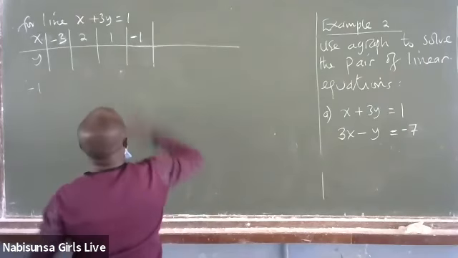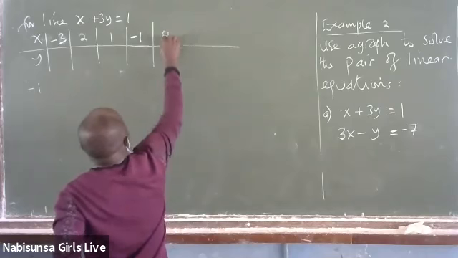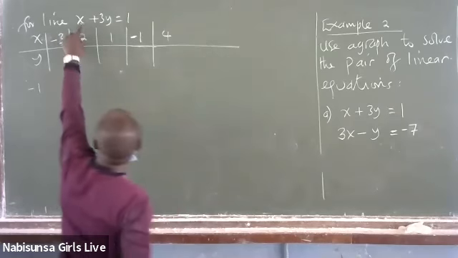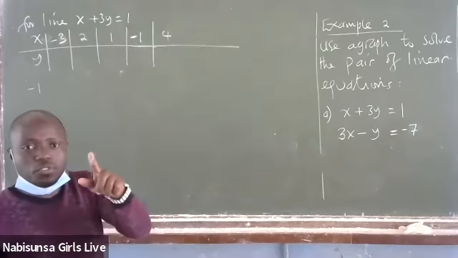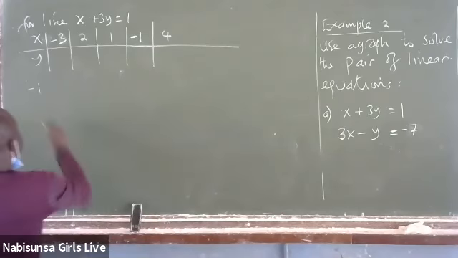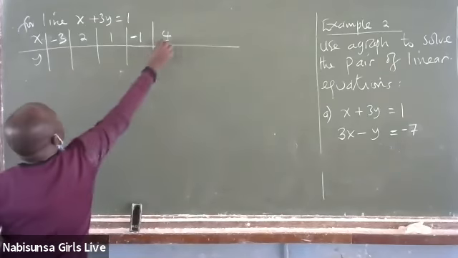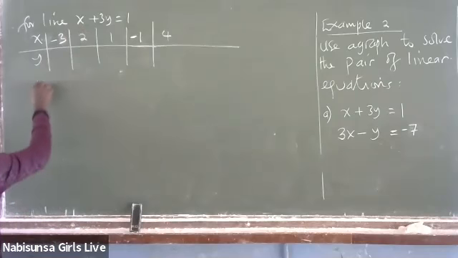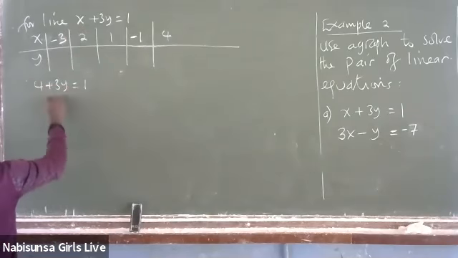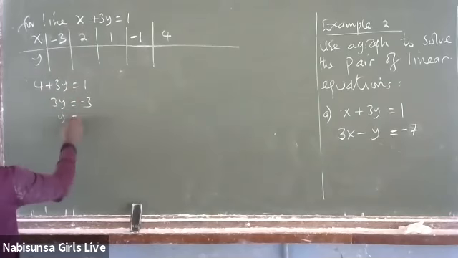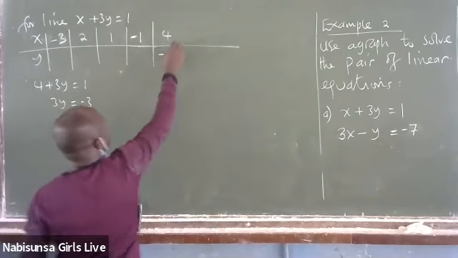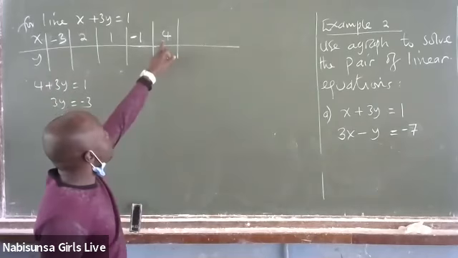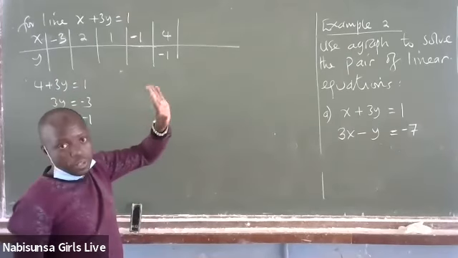So if I pick x as 4, I'm also going to answer, I think it was Yolanda, how we get the values. If my x is 4, then I have 4 plus 3y is 1, giving me 3y as minus 3. You see how my y is minus 1, which is not a fraction? Because I knew when I put 4, I will get a multiple of 3.